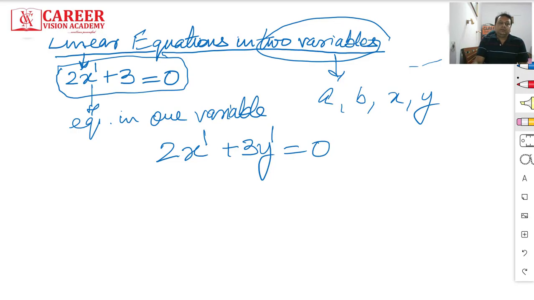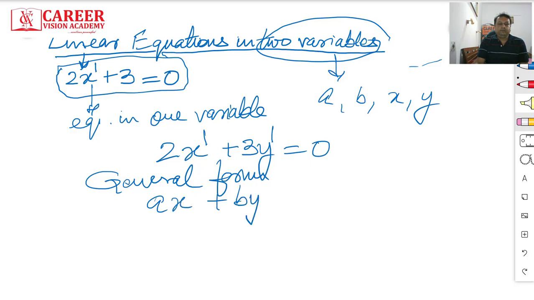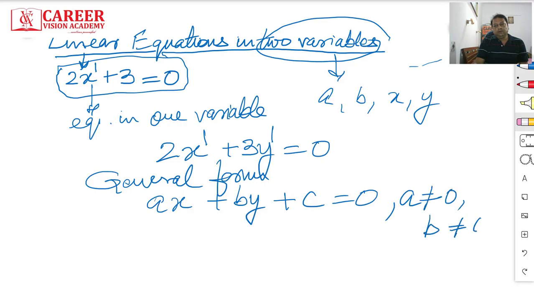Okay. When we talk about the general form of linear equations in two variables, we get ax plus by plus c is equal to 0, where x and y are variables, a, b, c are real numbers, and in this a is not equal to 0, b is not equal to 0.